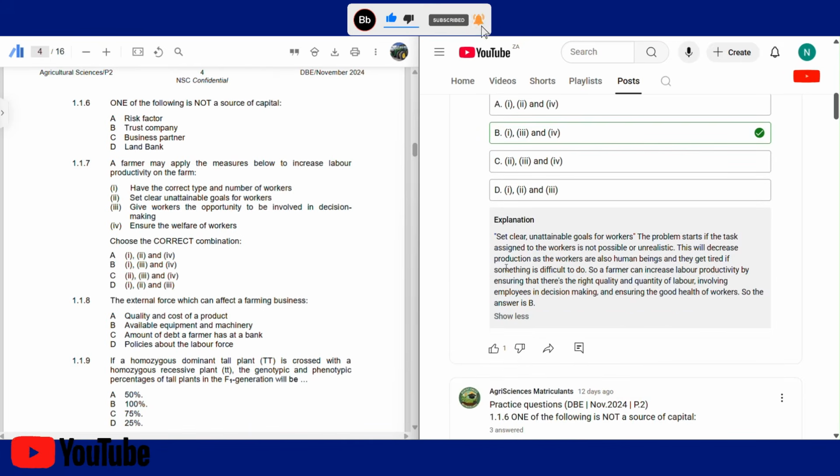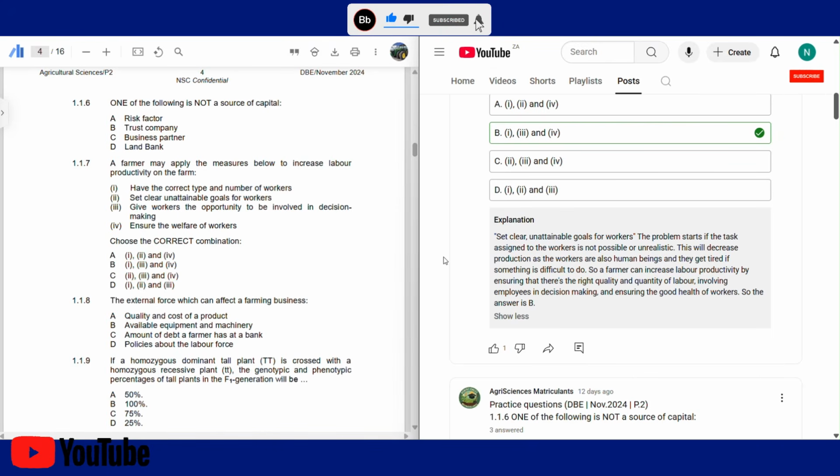Okay, let's read the explanation. So set clear, unattainable goals for workers. That was the red flag. It doesn't fit, because here they're telling us this person is applying these measures to increase the labor productivity on the farm. We are trying to improve the labor productivity, but can you increase the labor productivity by setting clear, unattainable goals for workers?